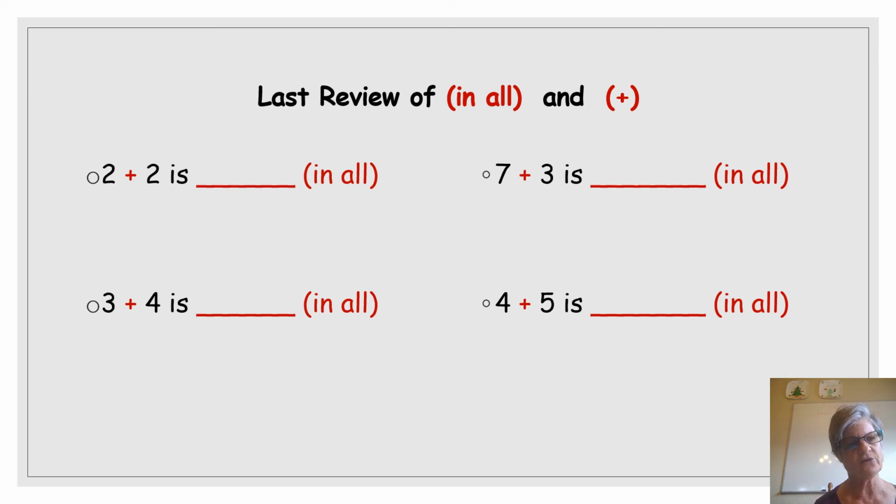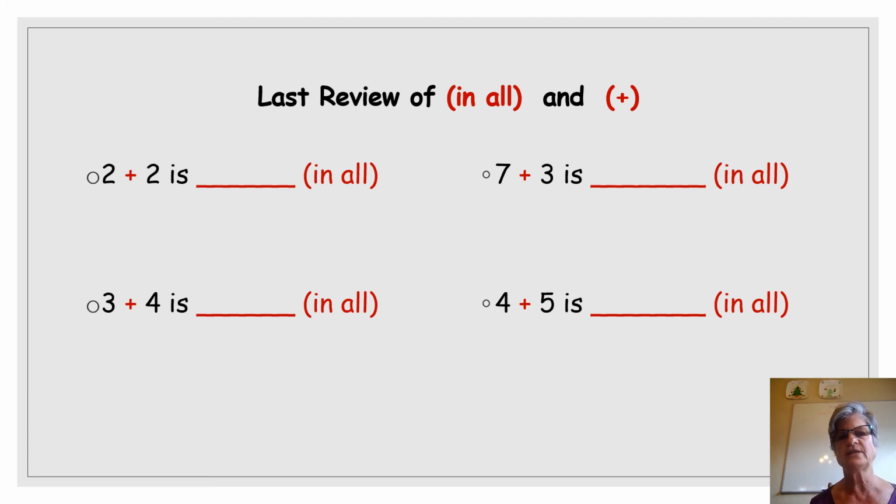So you take a different crayon and draw 4 more. Then count how many objects you have all together, and you should have 7. Remember, in all means what you have if you count all the objects you've drawn.